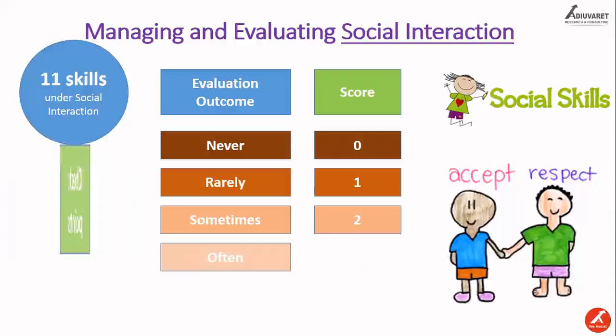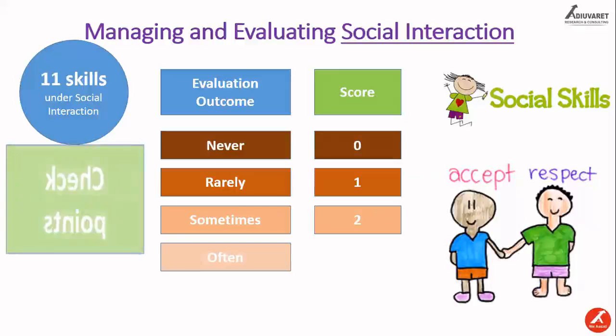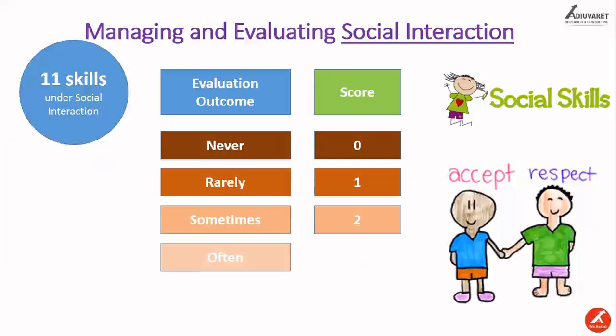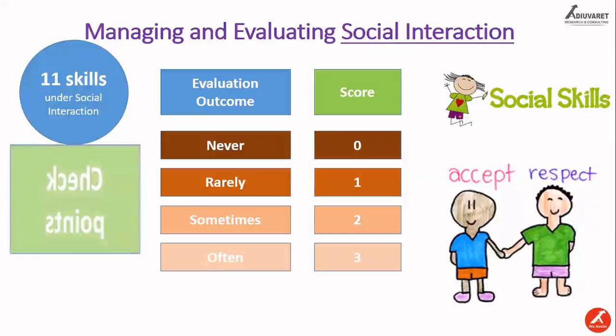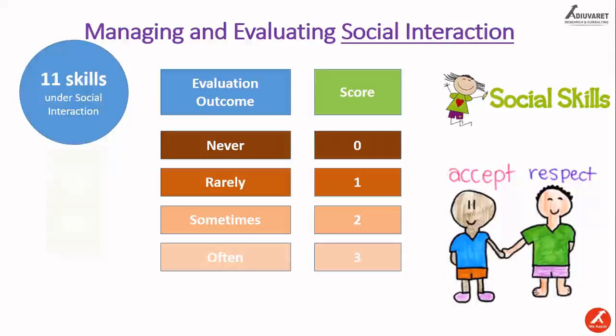And if the child is very strong in that particular skill and always displays it, then we'll assign a score of 3. This is the scoring mechanism, and we can do this evaluation at any point of time when the child is between 2 and 6 years of age.